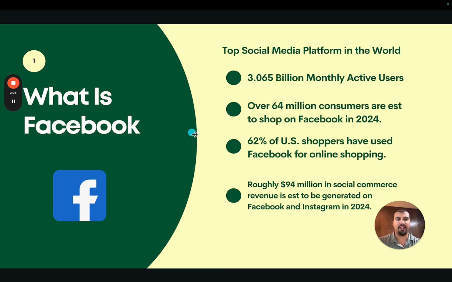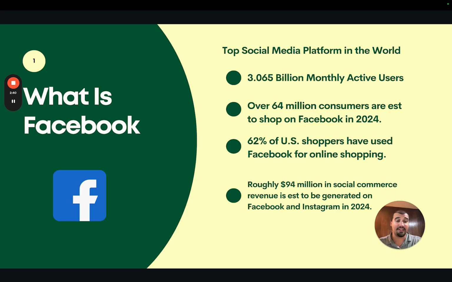So first of all, we all need to know what Facebook is. Facebook is one of the top social media platforms in the world. They have over 3 billion monthly active users, with over 64 million people consuming in their shop every single year, or expected in this next 2024 fiscal year period. 62% of US shoppers have engaged with Facebook ads and online shopping. So over 60% of everyone shopping has engaged with a Facebook ad.